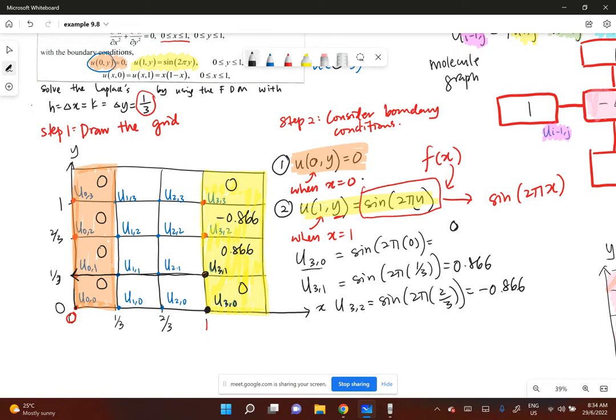Okay, now we have settled the left and right boundaries: the boundary when x is 0 and the boundary when x is equal to 1. Then we go to the next one, the third one.